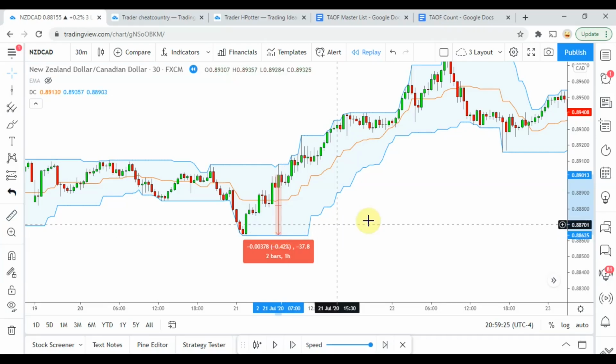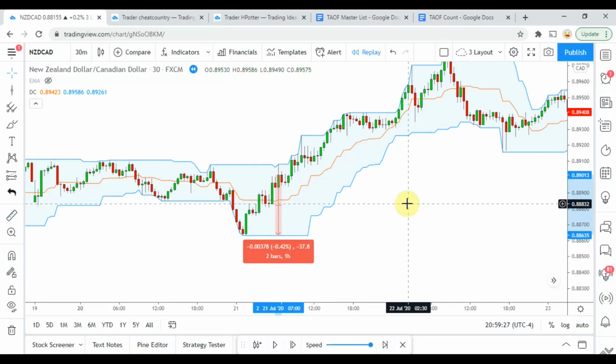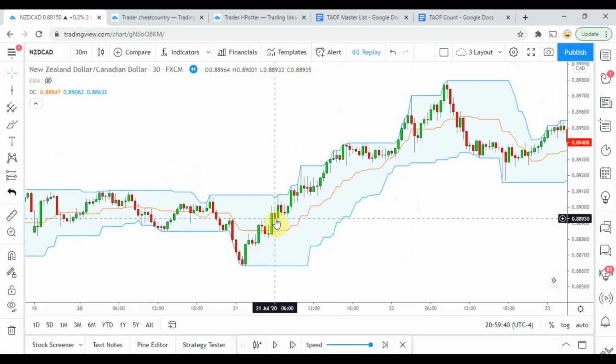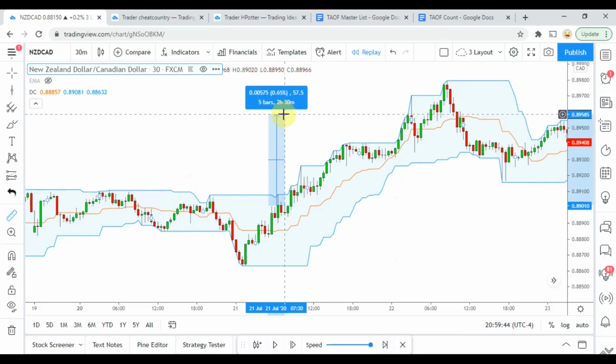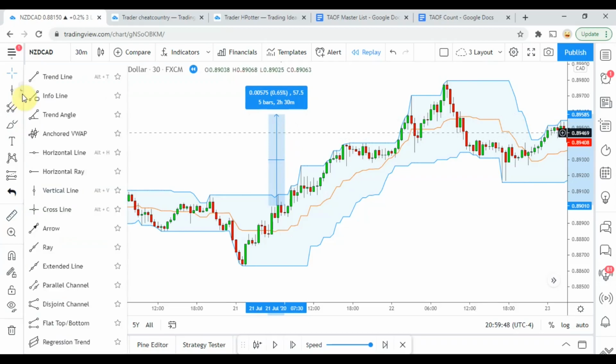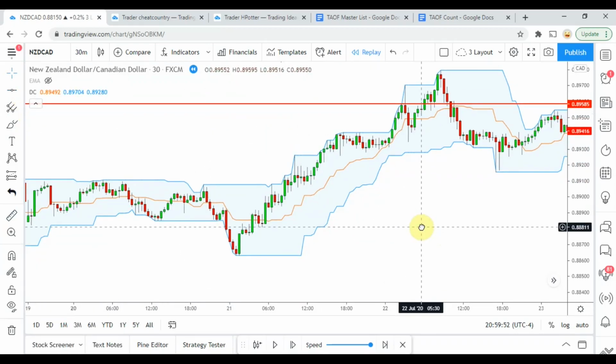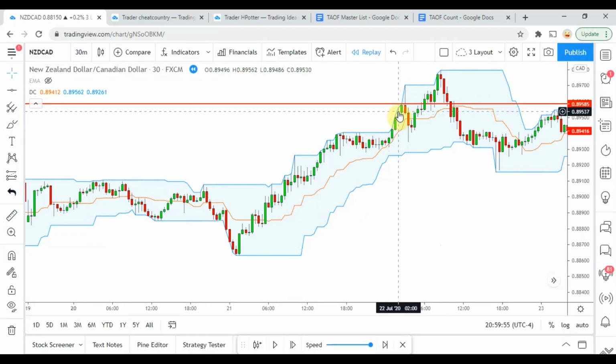Basically what we're doing then is shooting for a 1.5 take profit. Let's just do it off of 38, so we're looking at about 57 pips. 57 right there would be the take profit.